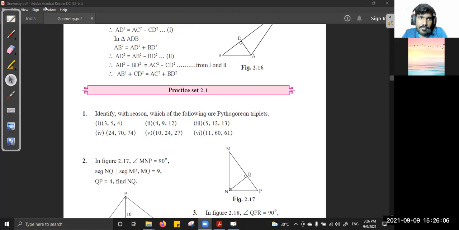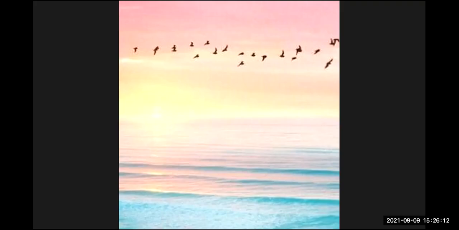It is a Pythagorean triplet because 25 plus 144 equals 169. Show me how you have done it. Wait, 1 second. Just give me 1 minute. Can you see it? Okay, perfect.